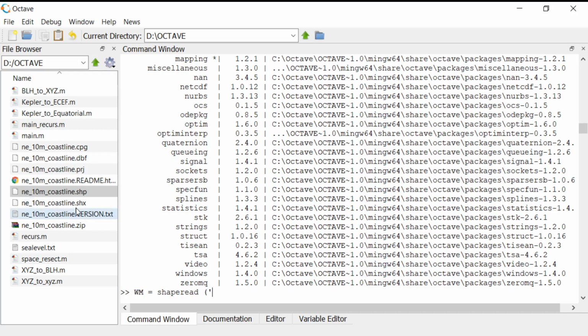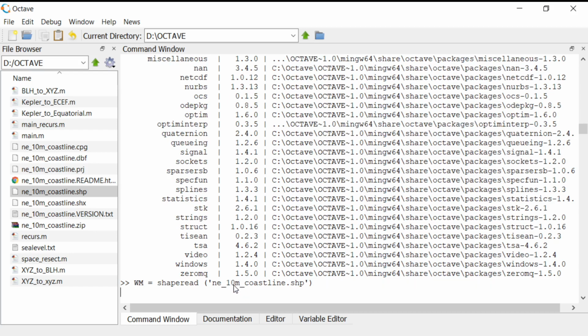As you see here, this is a 10-meter coastline shapefile, and I'm loading this as the wm variable.